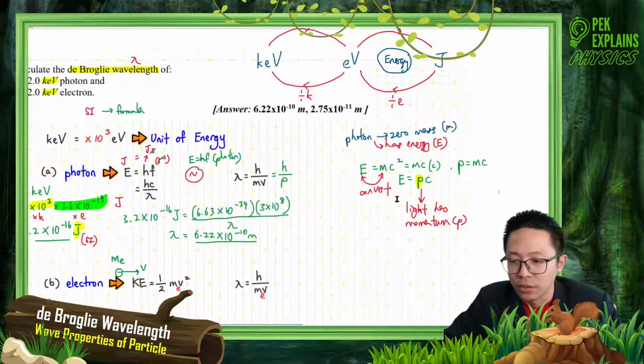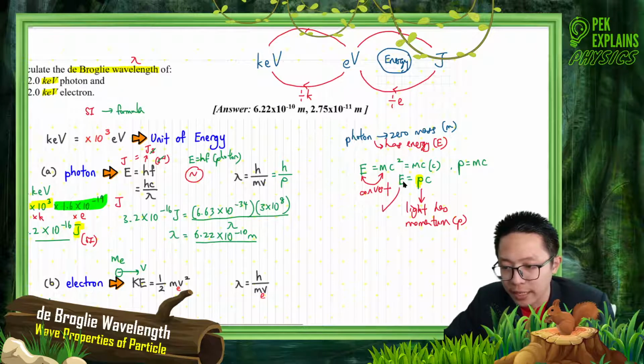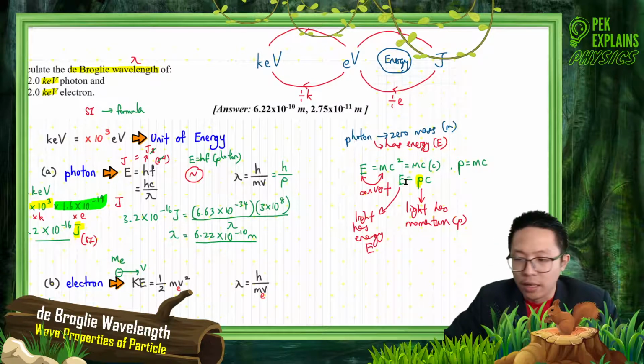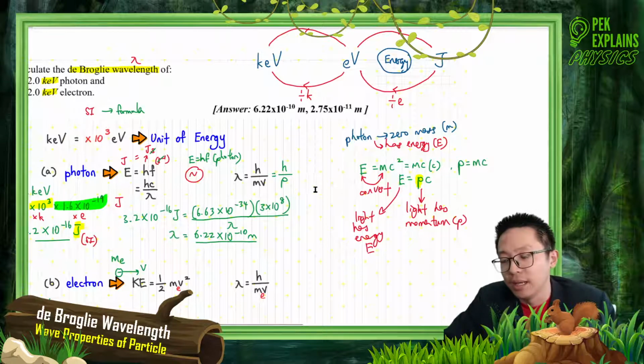So this formula E equal to pc means the light has energy E, and also the light has momentum p.